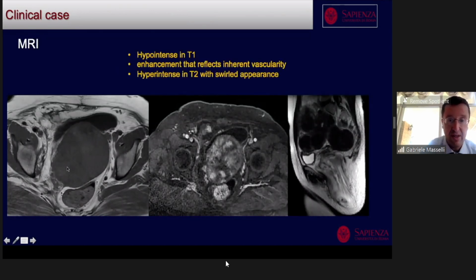MRI shows the lesion as a hypointense signal on T1, with heterogeneous enhancement. On sagittal planes, we see hyperintense areas with a swirled appearance, and the lesion extends from the pelvis to the perineum.